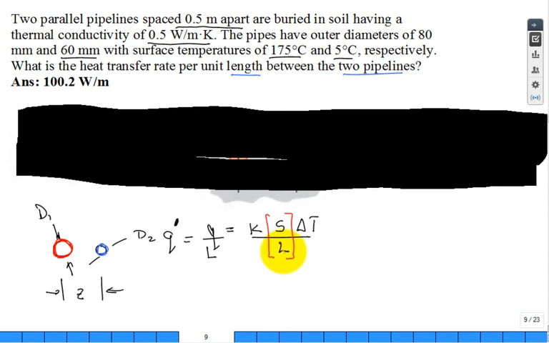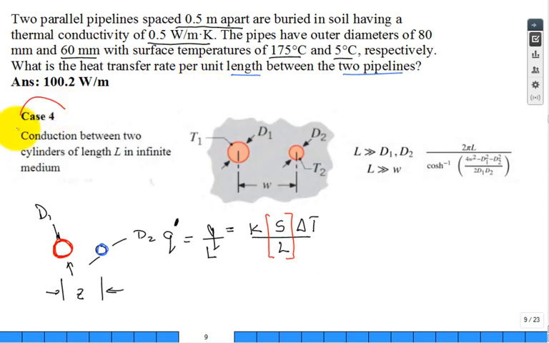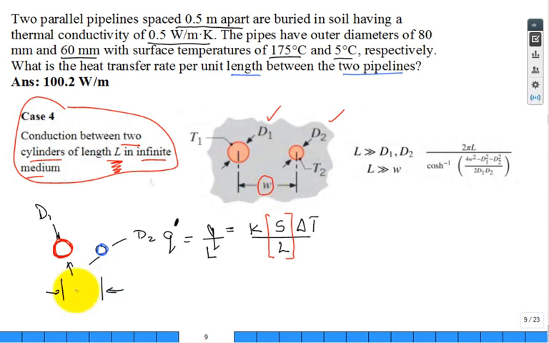We go to the table. We look for the case that makes sense. So case 4, conduction between two cylinders of length L in an infinite medium. The L is in the third dimension, you can't see it. Diameter 1, diameter 2, that's our spacing, not Z but W. And they have some criteria.